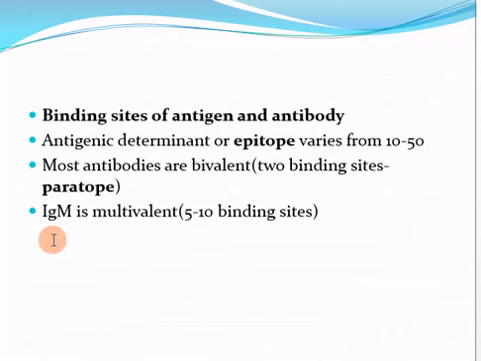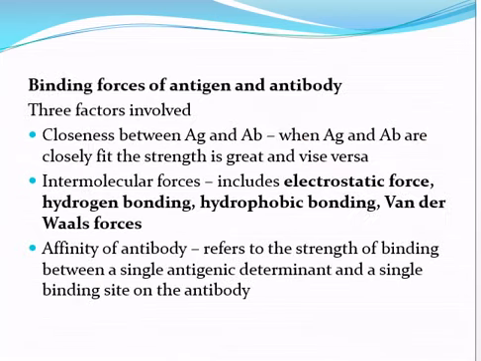In case of IgM, you know there are 10 different sites where these epitopes can come and combine. Likewise, this is just a process of explaining how AG and AB bind to each other.